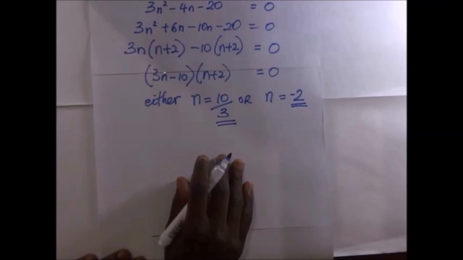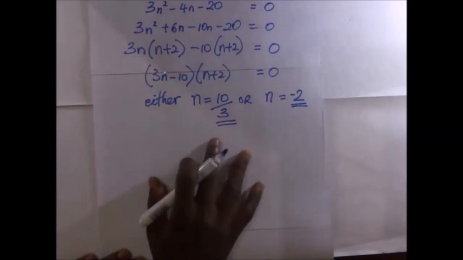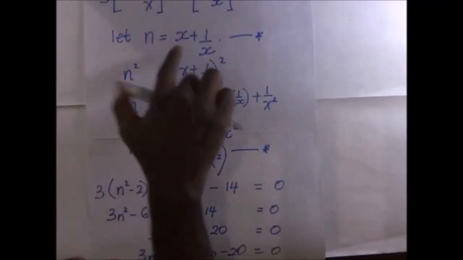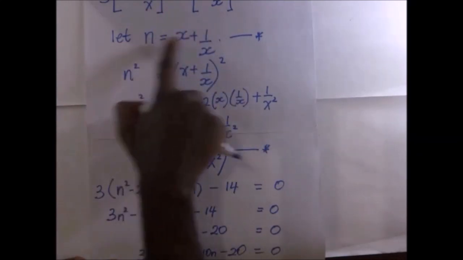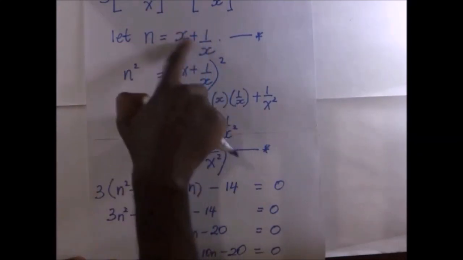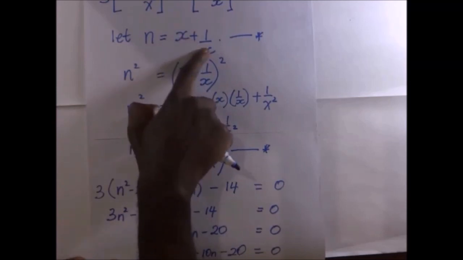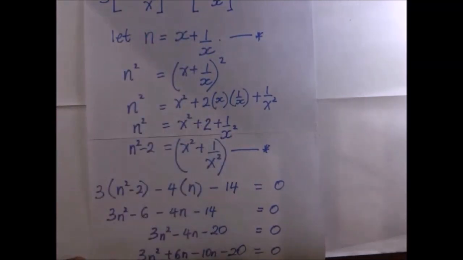So after getting our values of n, we shall substitute our value of n. We put our value of n here. N is equal to x plus 1 over x. So we substitute for the value of n we've got so that we get the corresponding values of x, which are coincidentally going to be the roots of the polynomial we are trying to solve for.